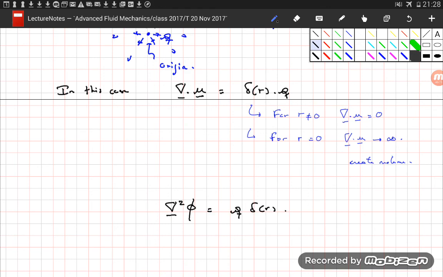This is a well-known equation for which we know the solution. We'll write this solution on Friday. On Friday we'll discuss sinks and sources. We'll rediscuss irrotational vortices, so you'll see irrotational vortices a second time, and we'll also discuss dipoles.